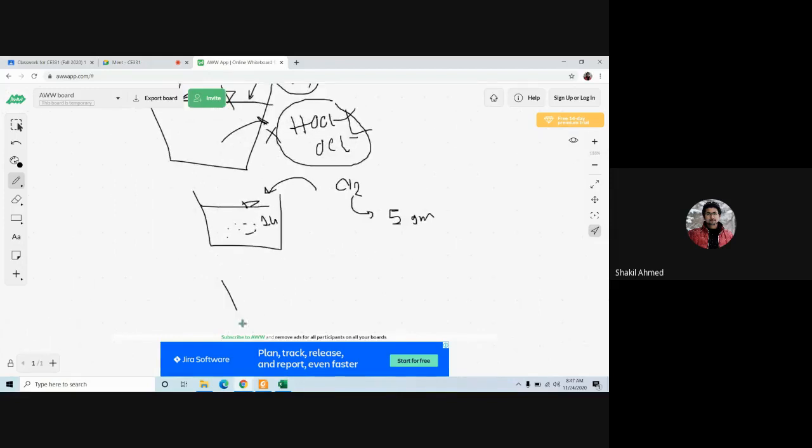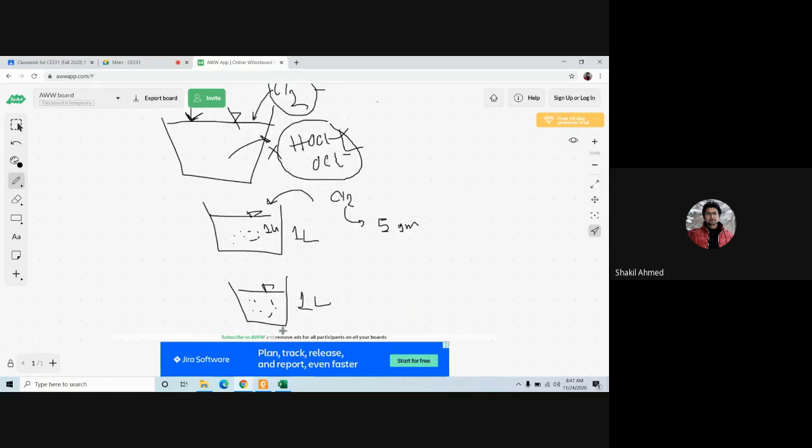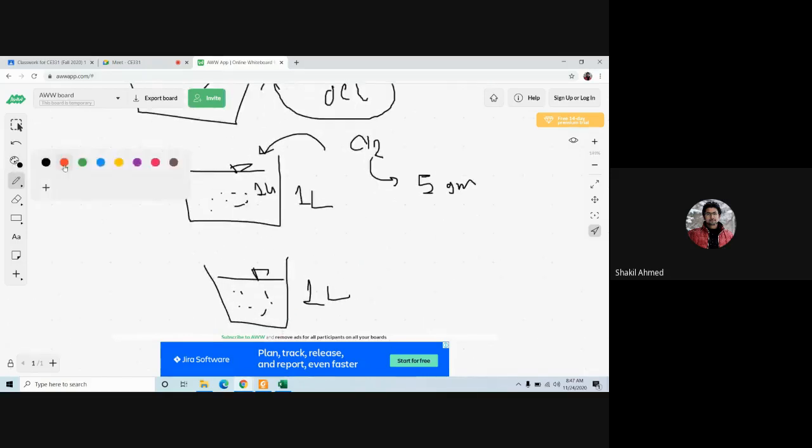Now in another water, same amount, 1 liter, same amount and concentration of pathogen, but you additionally have pollutants here, other impurities, for example ammonia, nitrogenous matter and other matters. Now what will happen here? The requirement of chlorine will be higher than 5 milligram per liter, or less than 5, or equal to 5 milligram per liter?